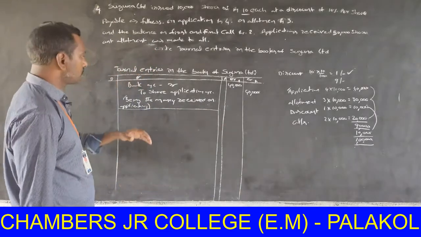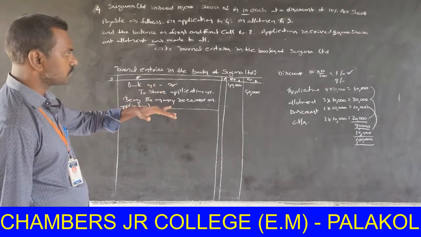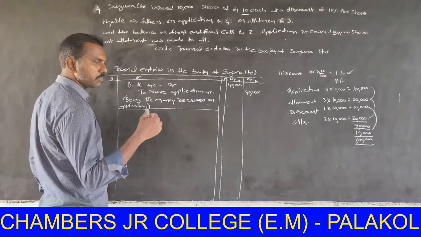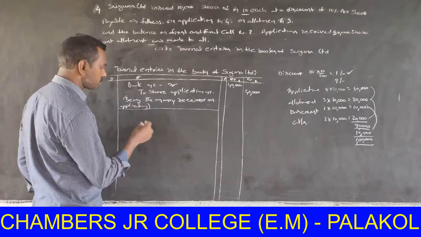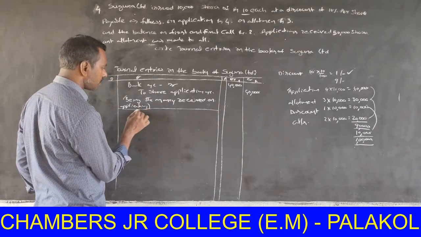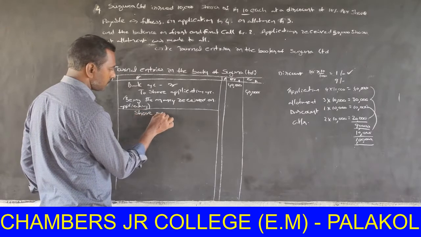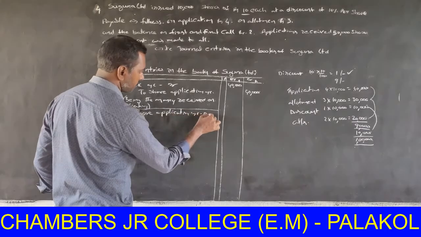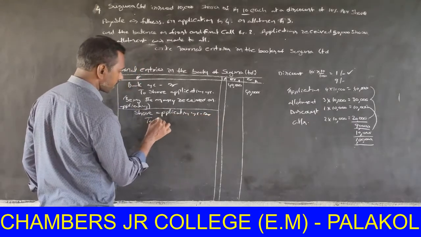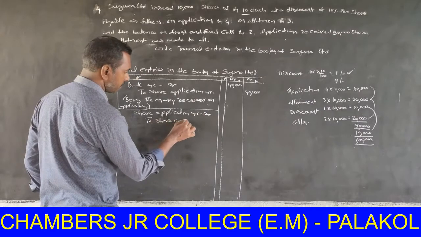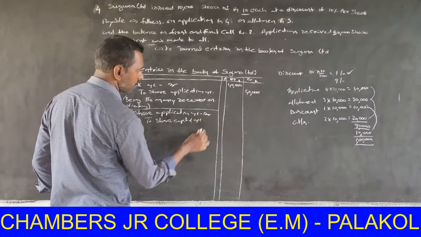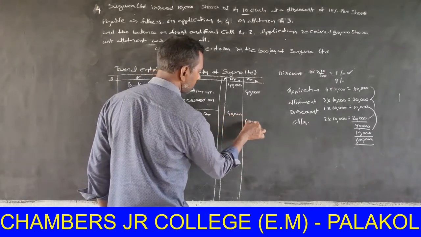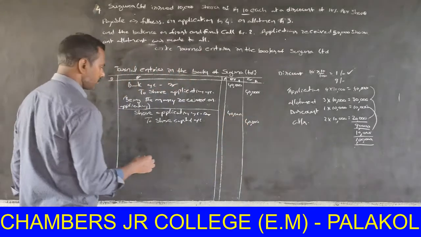Okay, now the application amount is transferred to share capital account. The journal entry is share application account debit to share capital account. Same amount, 40,000 in debit and also 40,000 in credit.